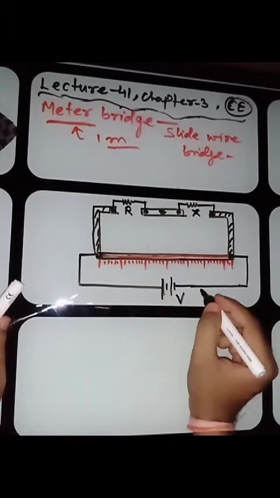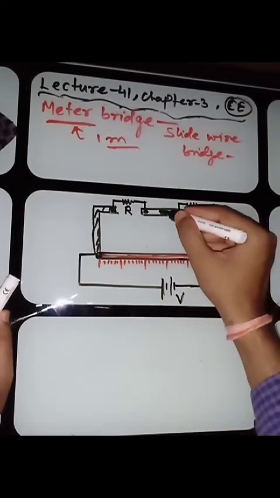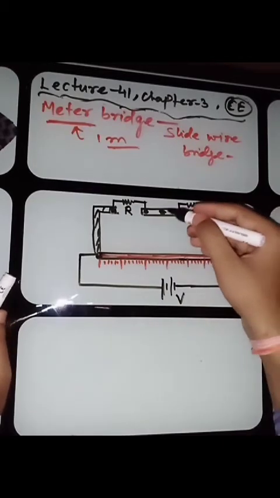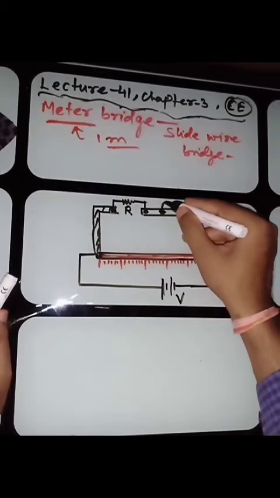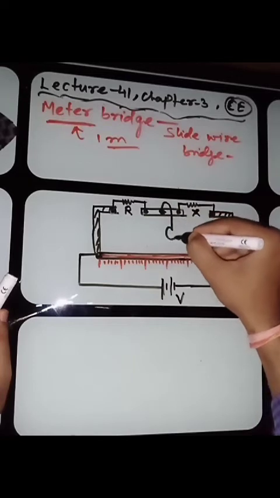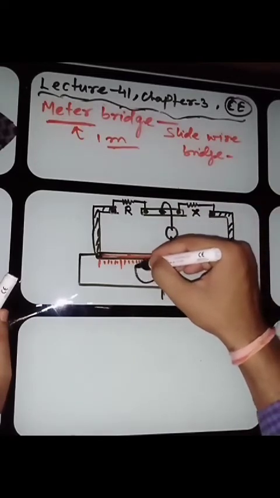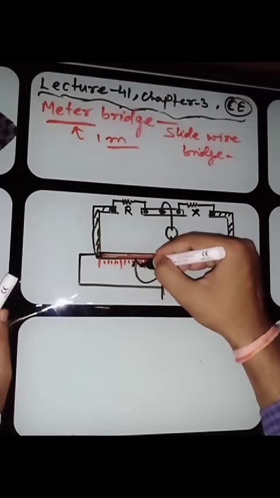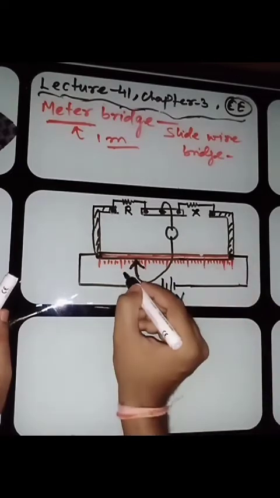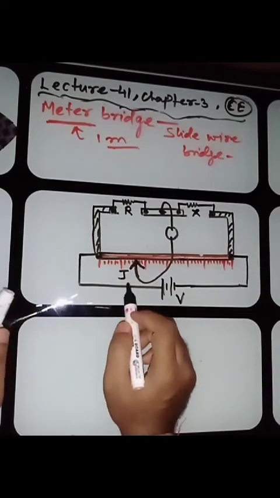The voltage V, and of the terminals, only this one is left. This is connected with a galvanometer, and this galvanometer tells you whether current is flowing or not. It is connected with a jockey here, a metallic jockey.